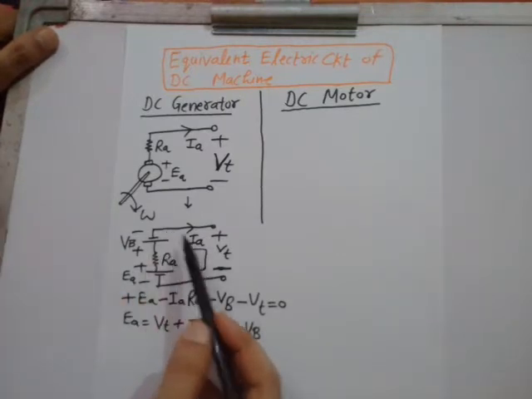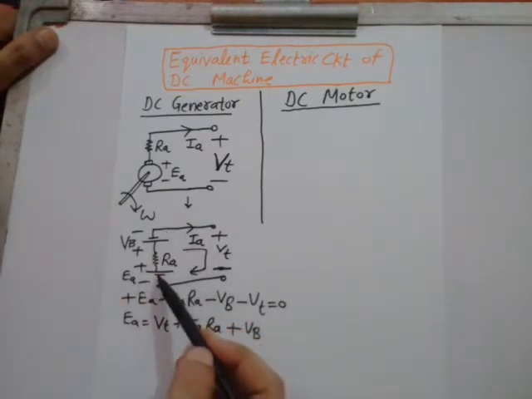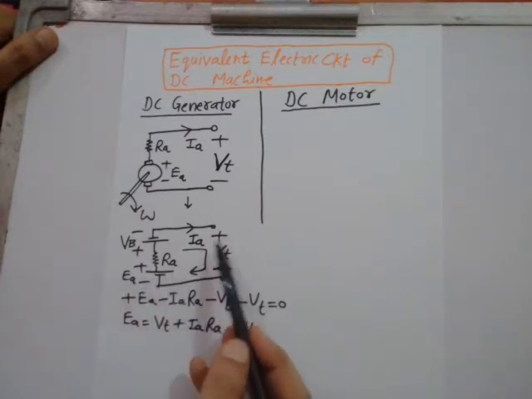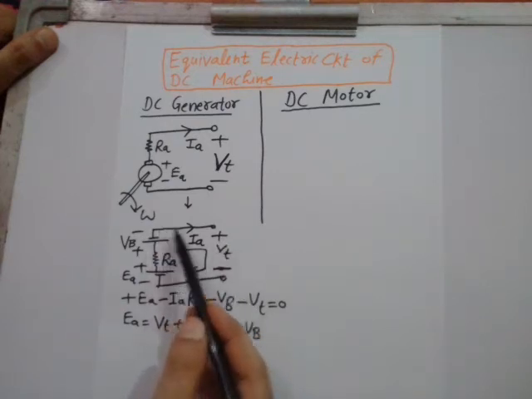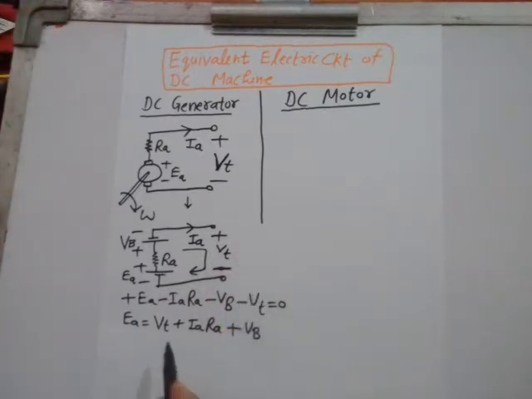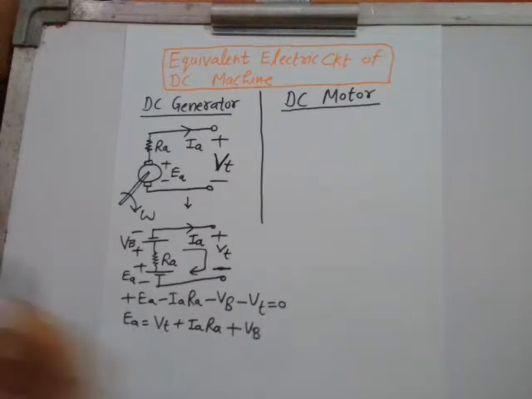Current is flowing from the induced EMF EA to the terminal voltage, so definitely EA will be more than VT, because current always flows from higher potential to lower potential. If you want to get VT, you have to subtract IARA and VB from EA, then you will get the terminal voltage in case of the DC generator.